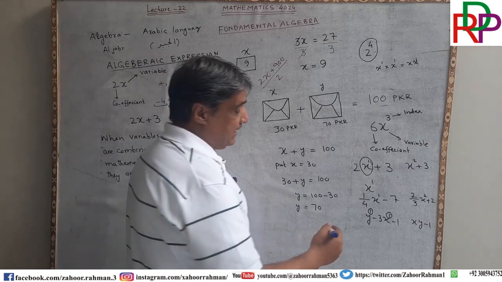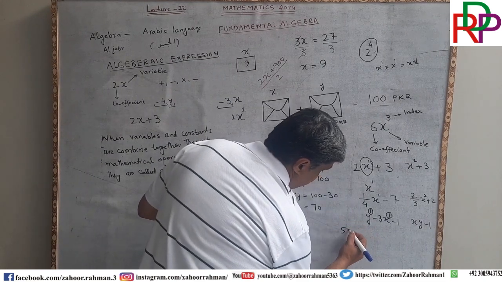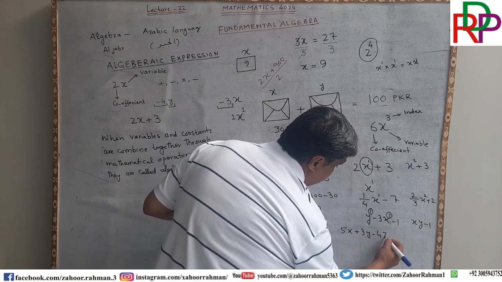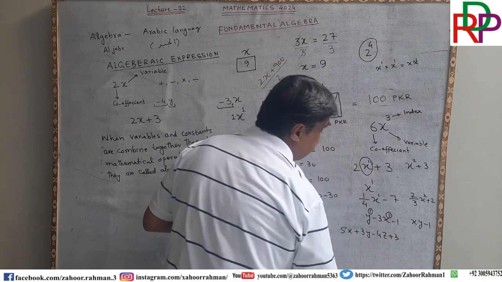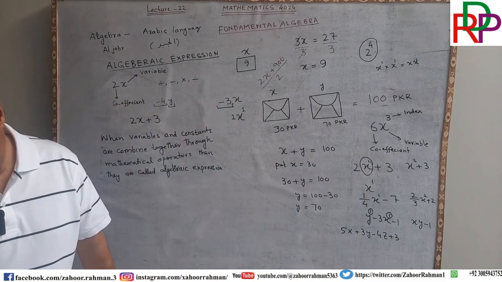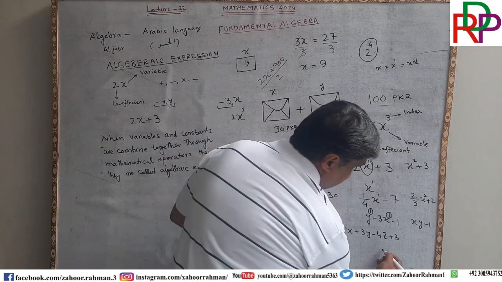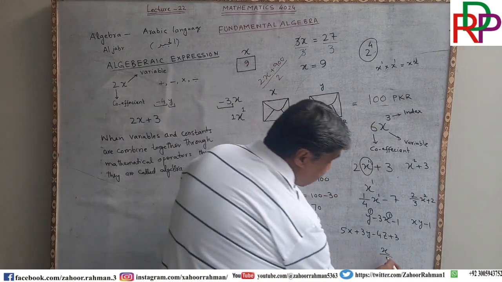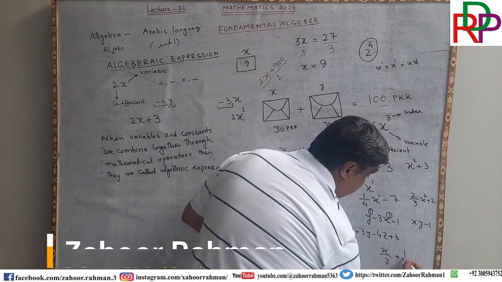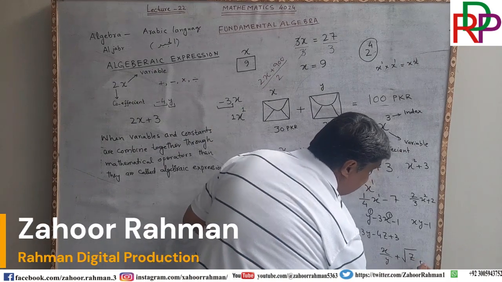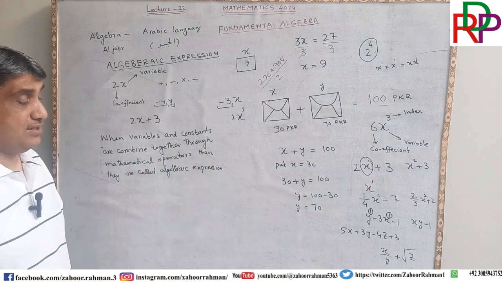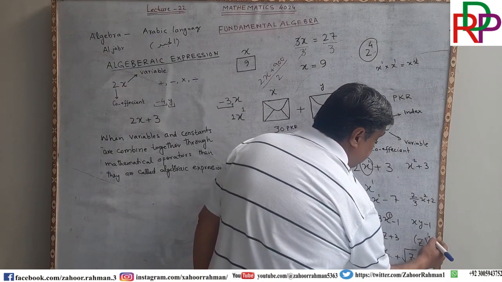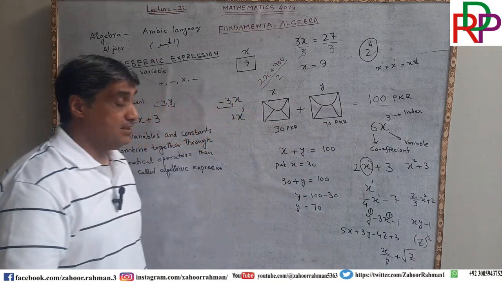5x plus 3y minus 4z plus 3, this is a linear. But x divided by y plus under root z is not a linear equation, because the power of z is 1 over 2, which is not 1.